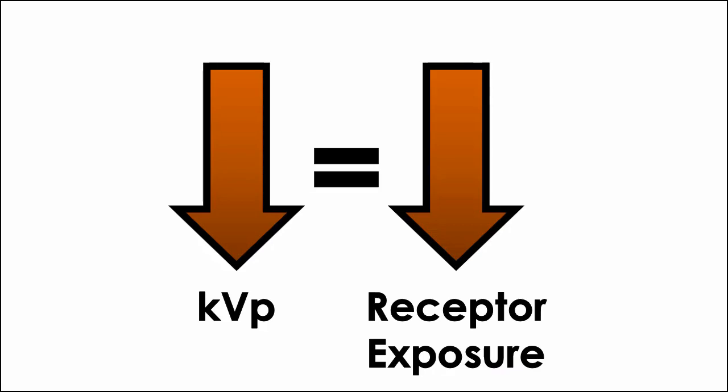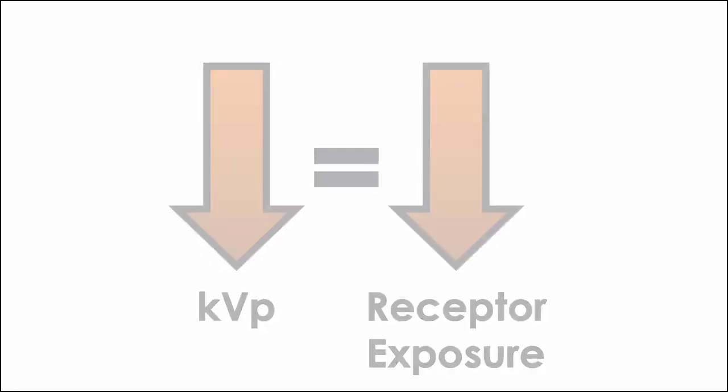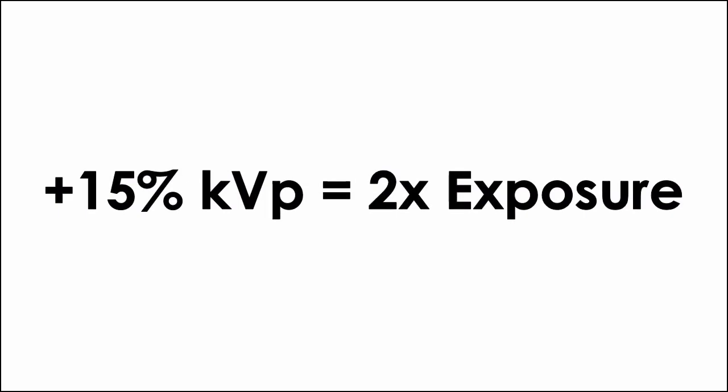Decreasing the kVp decreases the exposure to the receptor. This is because fewer photons are created and fewer photons will penetrate through the patient. The relationship between kVp and receptor exposure is actually defined by the 15% rule. As an example, if we increase kVp by 15%, this will double the receptor exposure.